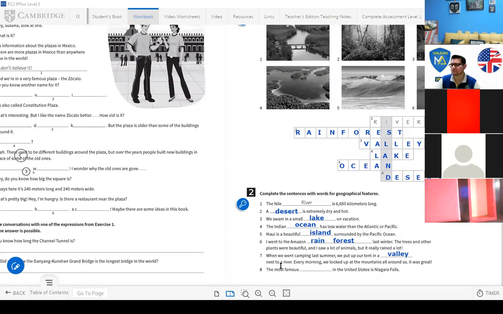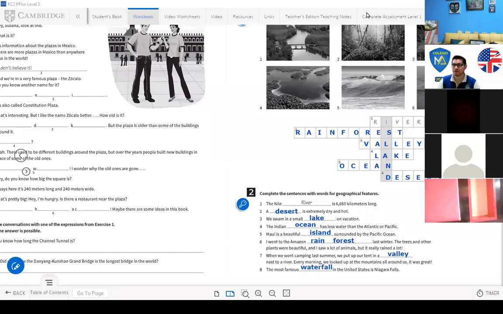The most famous in the United States is the Niagara Falls, no? In this case, we're talking about a waterfall, right? Yeah, las cataratas, no? Niagara Falls, las cataratas de Niagara. The most famous waterfall in the United States is the Niagara Falls. Yeah? Easy, right? Easy like that.